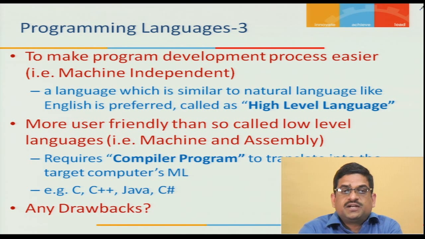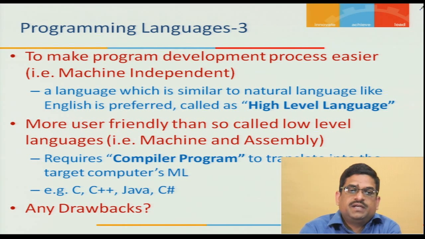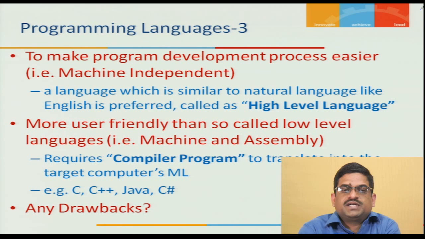Is there still any drawback? The only drawback is that if you are trying to write a more optimized program, one that takes less memory or is optimized in terms of the resources used, such as processor power or memory, that is not possible through a high level programming language, whereas machine language or lower level languages make it possible to write efficient programs.